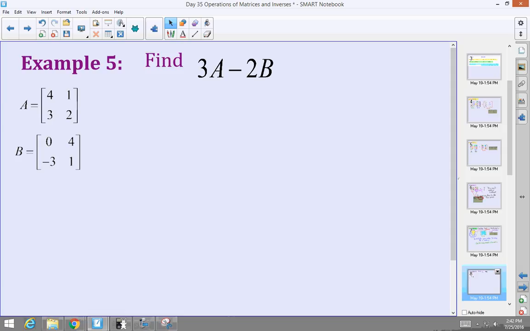So that's scalar multiplication, which leads us to one where it's a combination of a scalar multiply and adding or subtracting. So if you're looking at the example again, it's yellow because of this, but it's also green because of the 3A part and the 2B part.